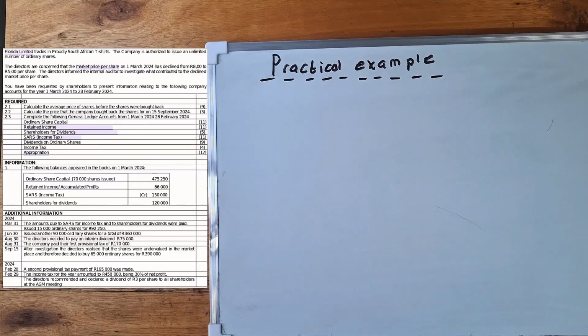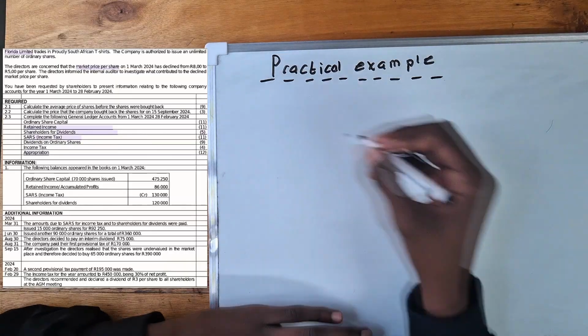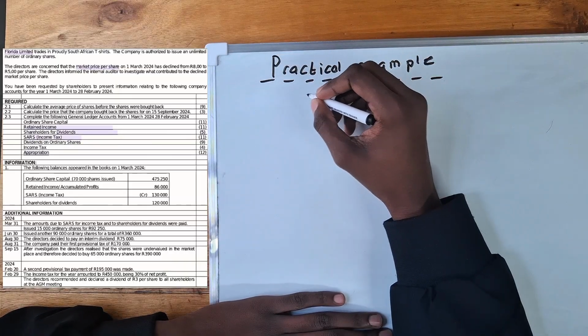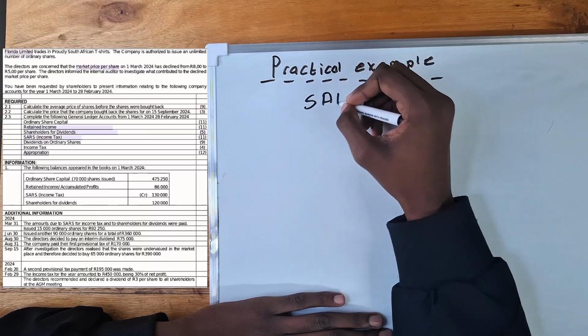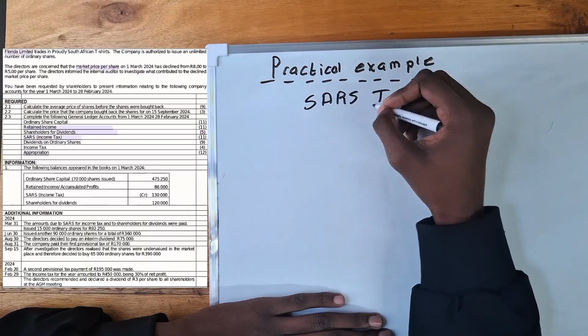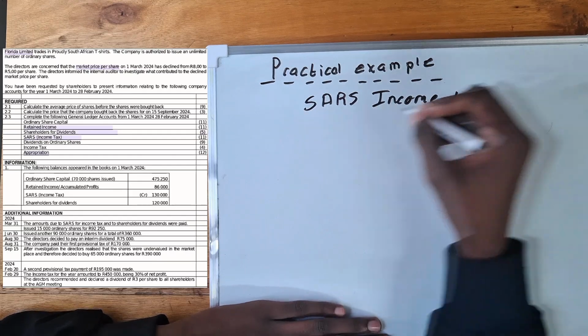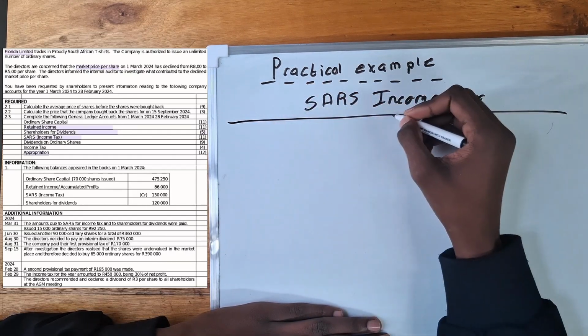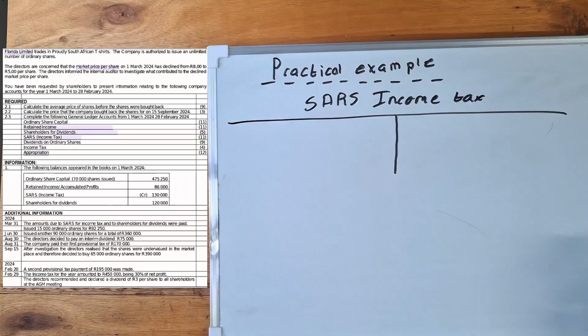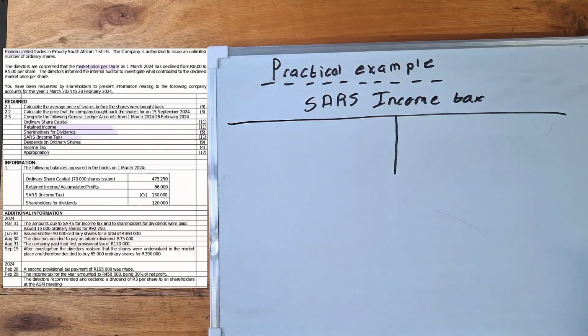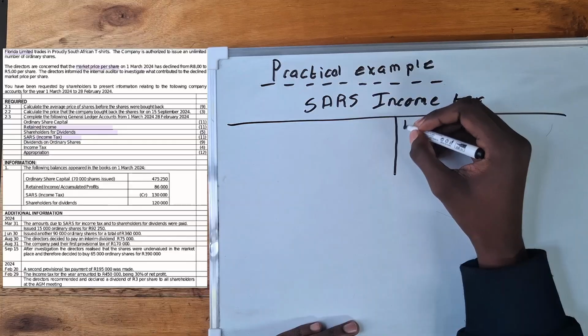So we are now moving on to SARS income tax. We draw our ledger. However, you won't need to draw because obviously it will be given, right? So now the first thing that you need to write is your opening balance, right?